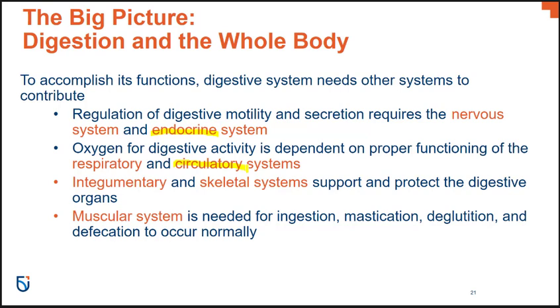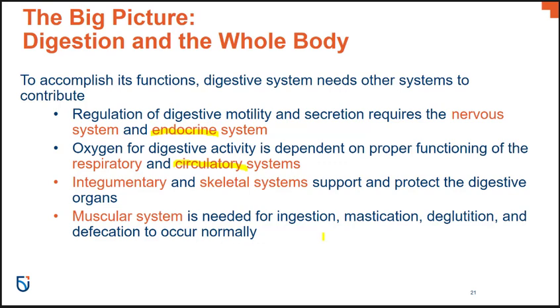Our integumentary system, primarily our skin, and our skeletal system act as a supportive and protective function for our digestive organs, and our muscular system is needed for us to ingest food, chew food, swallow food, and then the peristalsis and segmentation that we spoke about earlier, and then defecation.